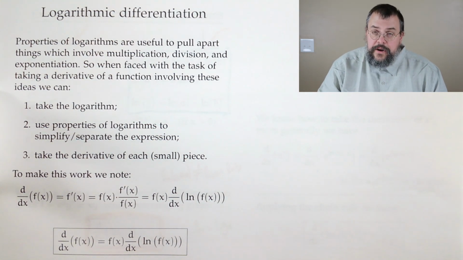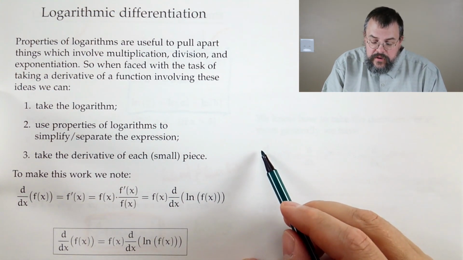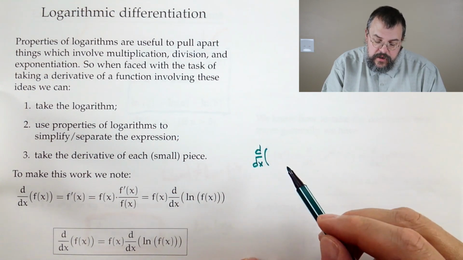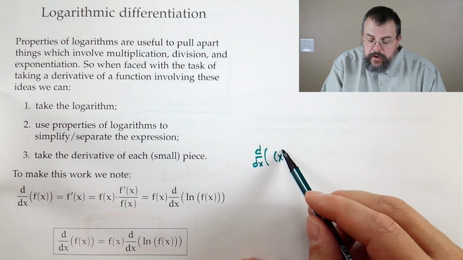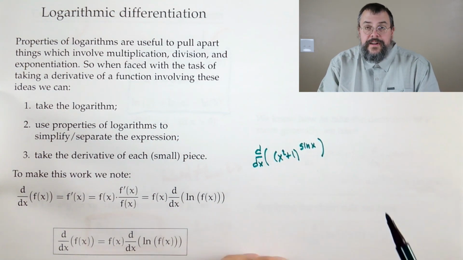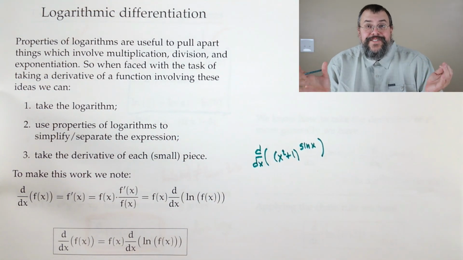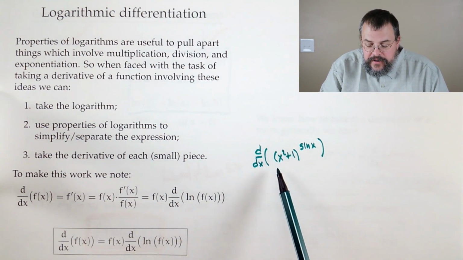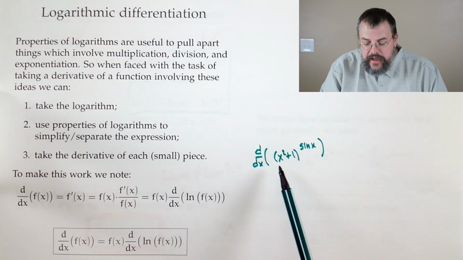So how can we use it? Well, suppose we asked you to do something like take the derivative of, I don't know, let's say x squared plus 1 to the power sine of x. Now, that's not so clear what to do, right? Because we haven't encountered anything like this. You see, the downstairs is changing because that has an x involved.